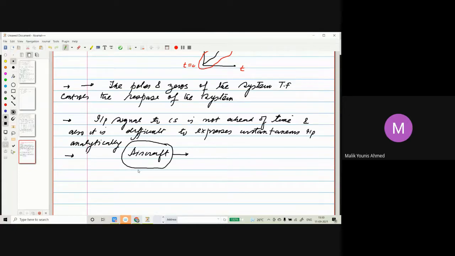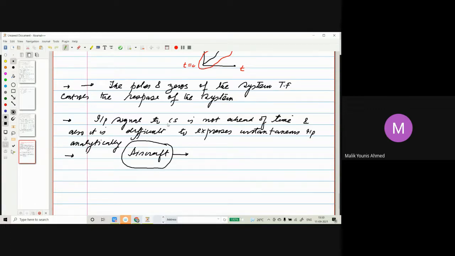That means it should be able to fly once a pilot starts this aircraft, takes off from the runway, and it should be able to fly safely in the atmosphere. That's very important for us.